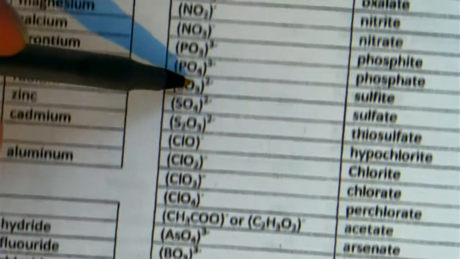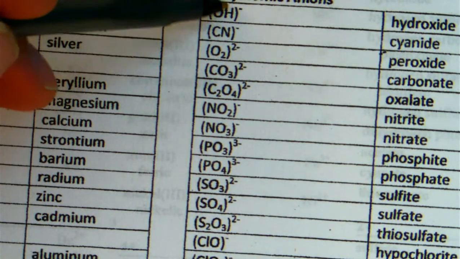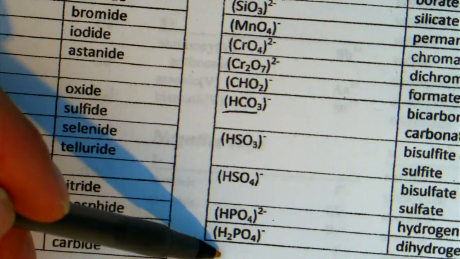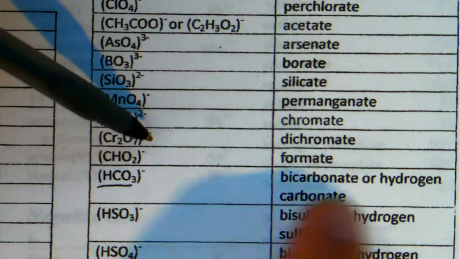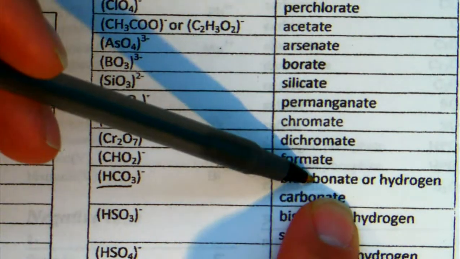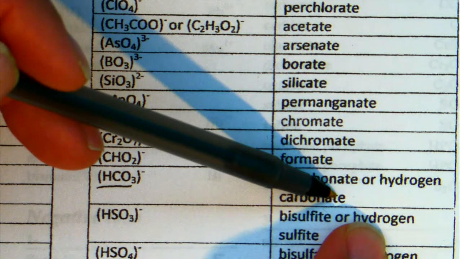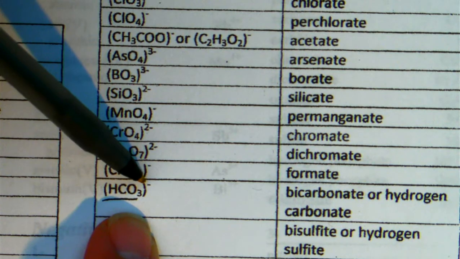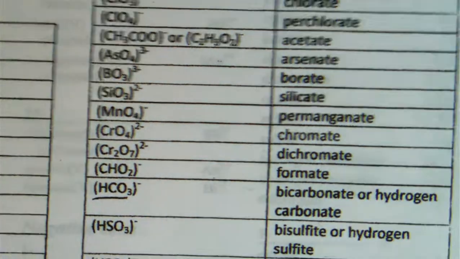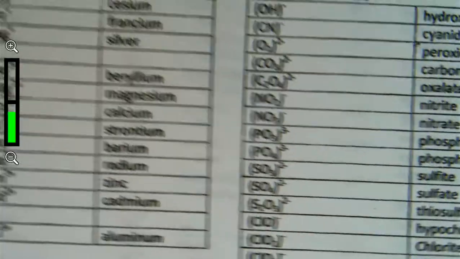I guess it's not by alphabet, it's not by charge, it's just a list. And some of these have 2 names, such as bicarbonate or hydrogen carbonate, which is HCO3 with a -1 charge. All right, so that's that list.